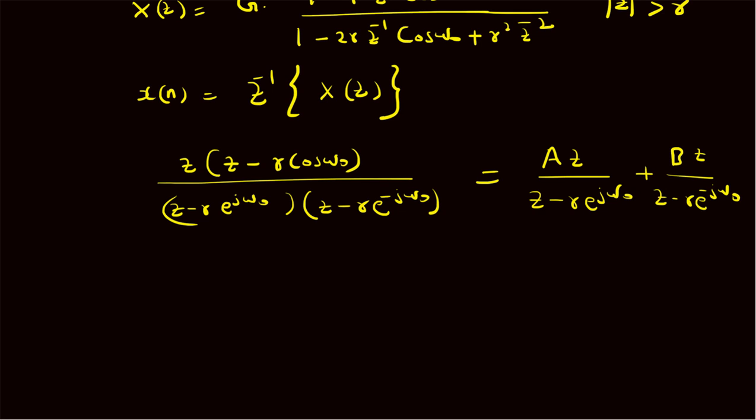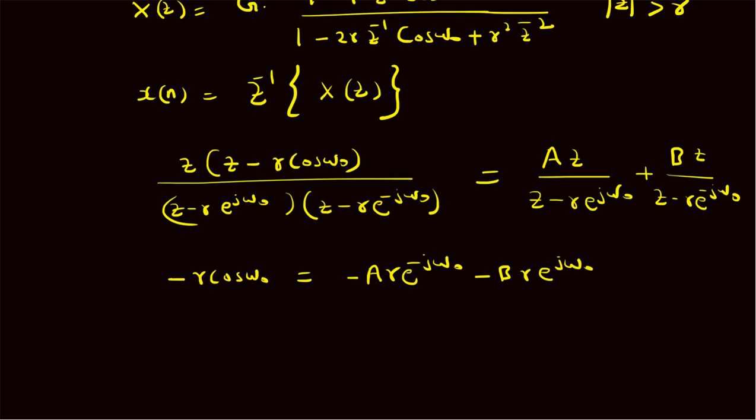Now by simply comparing the coefficients of z power 1, we have minus r cos omega naught on the left side, which should be equal to minus a r e power minus j omega naught and minus b r e power plus j omega naught.